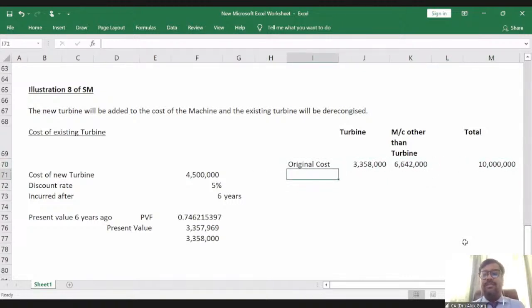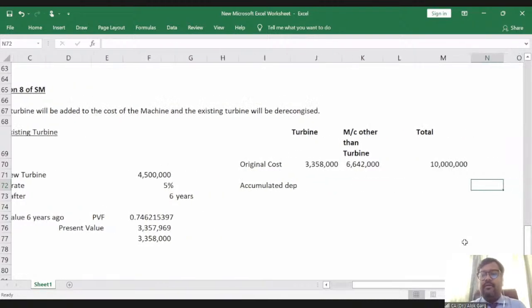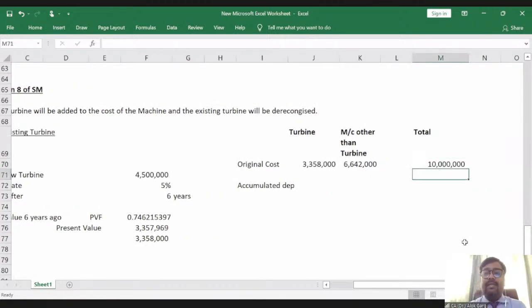So now the next concept is accumulated depreciation. Now tell me how much depreciation must have been taken so far. So far the cost was 1 crore and the useful life was 10 years. So the total depreciation must be 10 lakh rupees every year. Am I right?